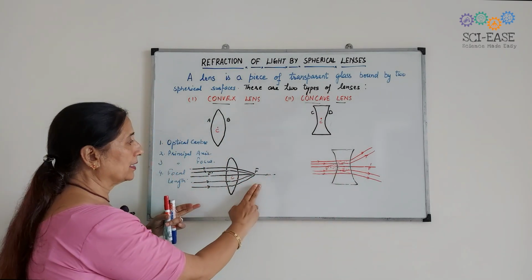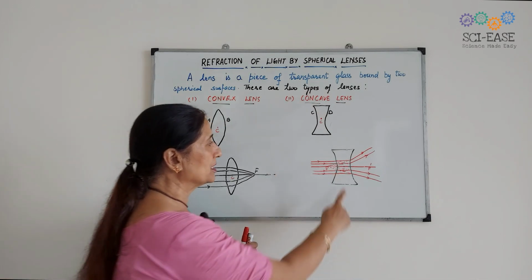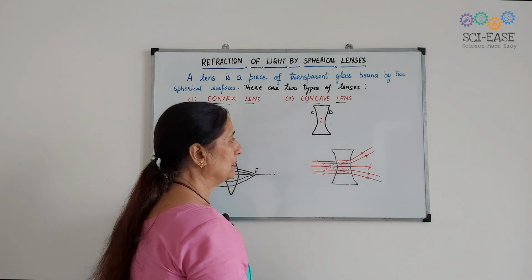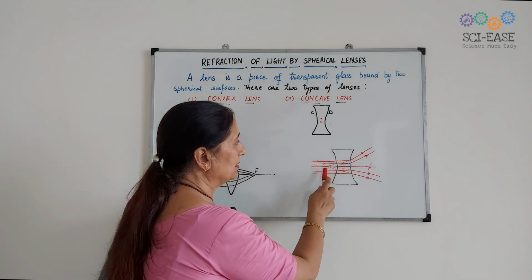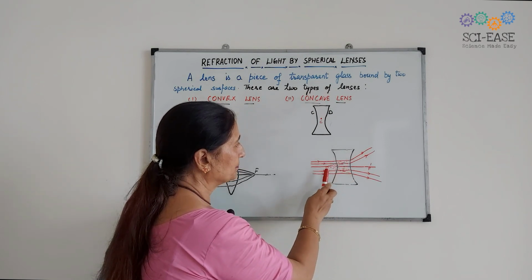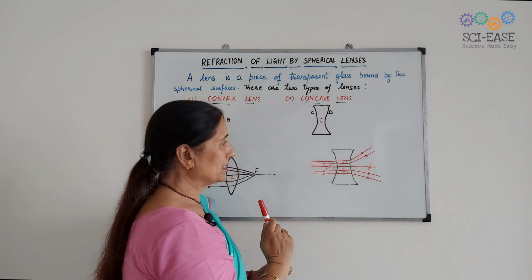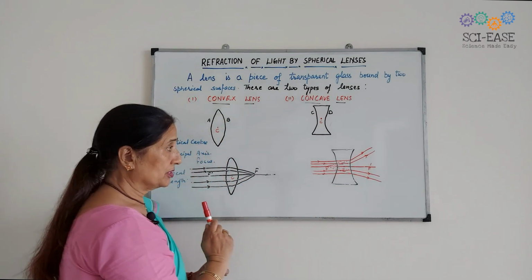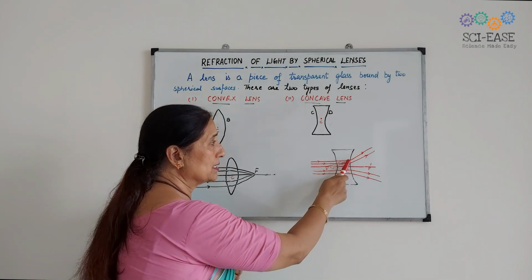Here also there are two principal foci. All the four terms: optical center in the center, then the principal axis, the line passing through C, and then the principal focus.